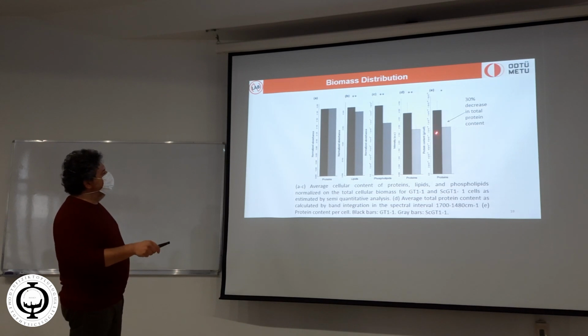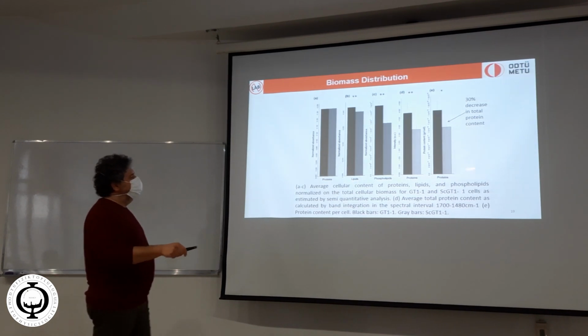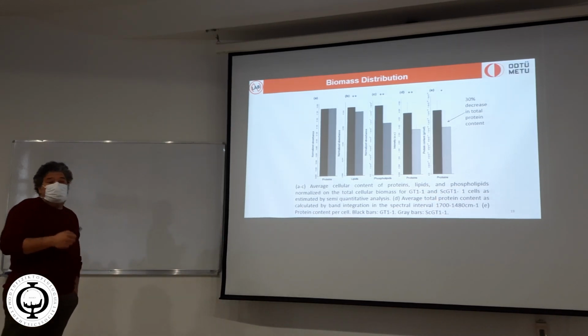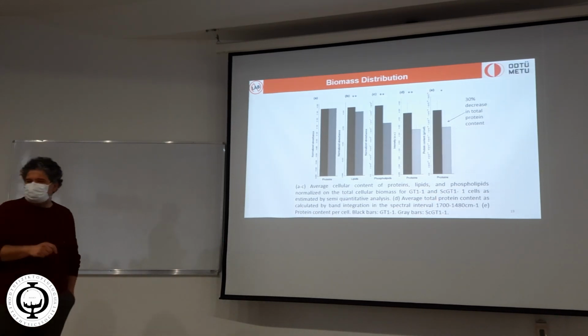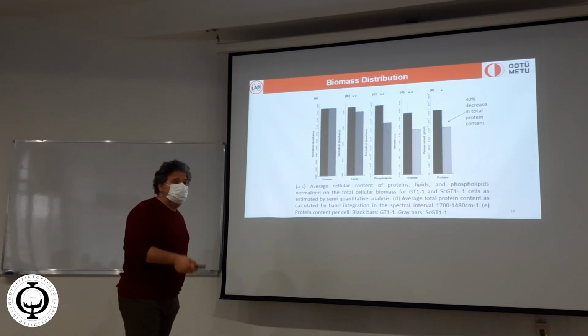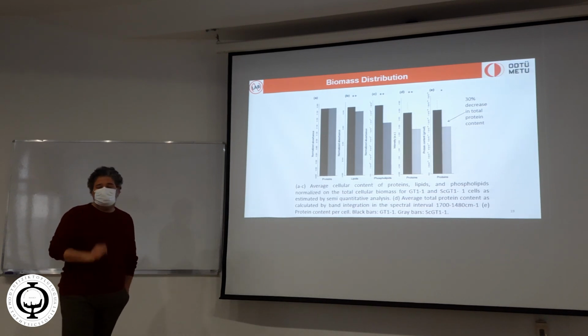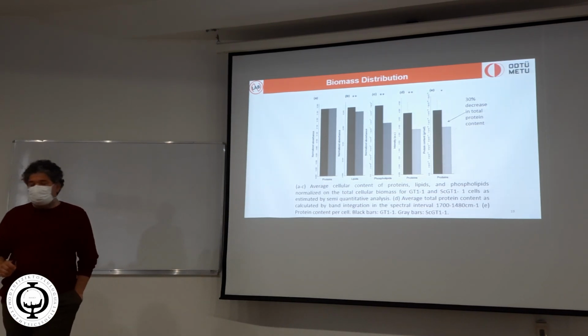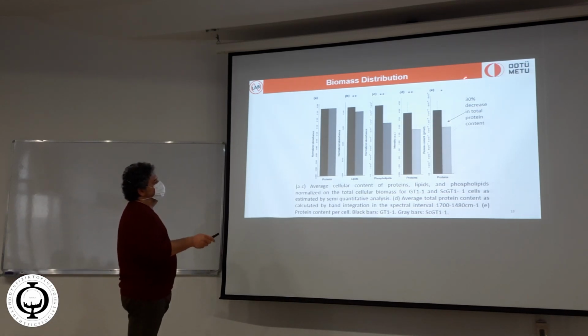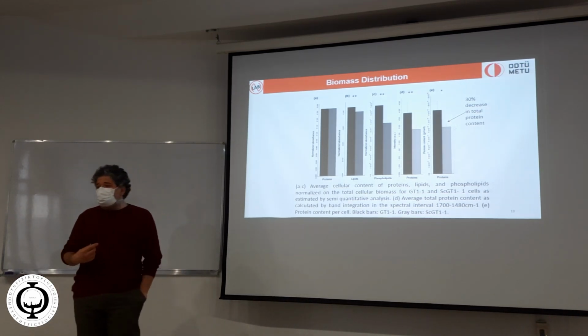If you see a statistically significant change between the content of proteins, lipids, phospholipids, and other bands, you can have an idea. Again, somewhat statistical, but it's a statistical analysis of a detailed spectral study. Okay, which can be conclusive, and it turns out that there is a drop in the total protein content.